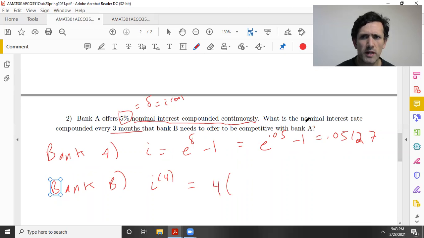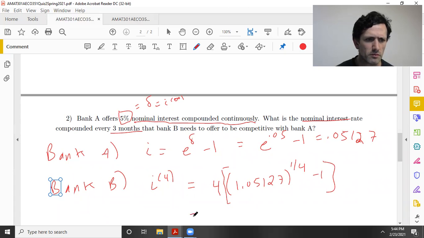Remember, we're asking what nominal interest rate Bank B should offer to be competitive with Bank A. So this is 4 times (1 plus I)—1.05127 to the 1/4, minus 1—and this is 0.050314.